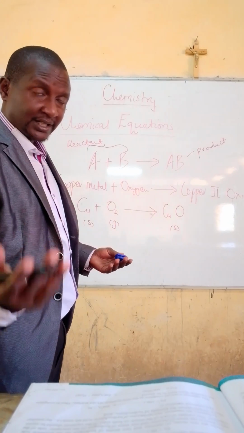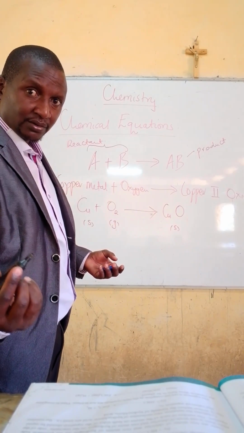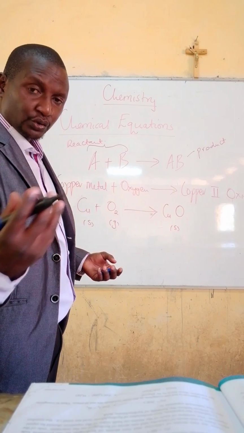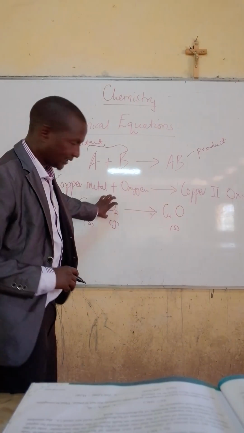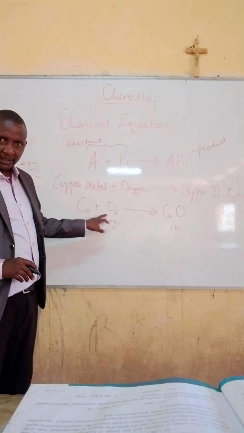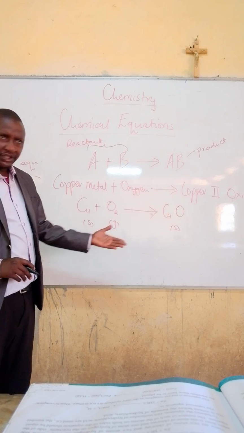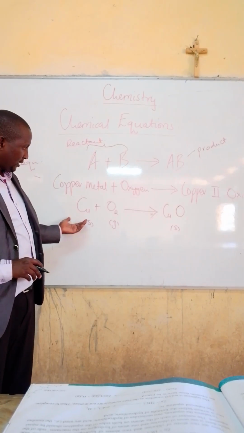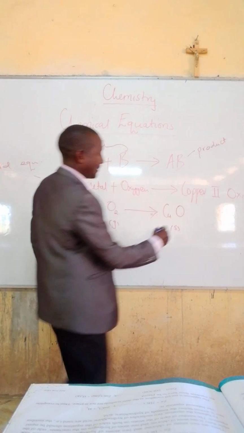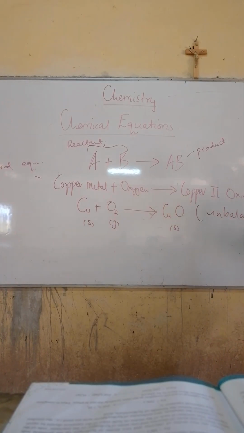That is, it does not exist as a single atom, but in two atoms, so it exists in this form. So when copper is reacting with it, it will react in this form. If you look at this equation, it is not balanced. It is unbalanced.